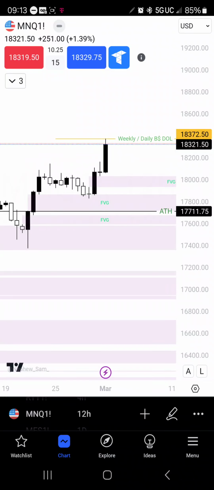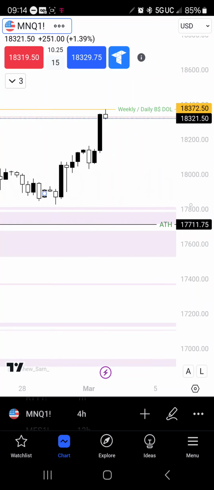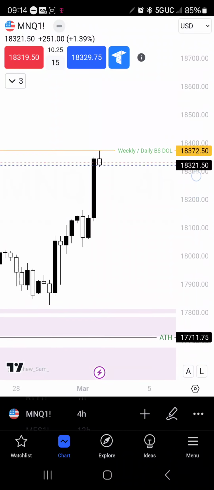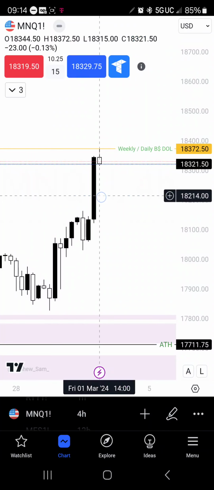So, same concept. This 12-hour candle closed above this 12-hour candle, so that would be my 12-hour draw on liquidity as well. Let's drop down to the 4-hour. Now, this is where it gets interesting. I see that this 4-hour candle, right?